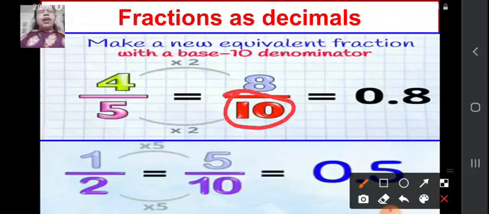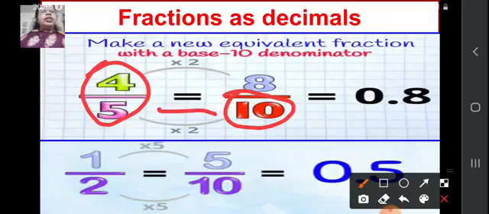For example, if we have a fraction like 4 upon 5 which has to be expressed as a decimal, then we have to change this fraction into an equivalent fraction such that the denominator is 10. So, how do we do that? We have learnt in fractions, we multiply 5 by 2 and also the numerator 4 by 2. So, we get 8 upon 10, and 8 upon 10 can be written as 0.8.